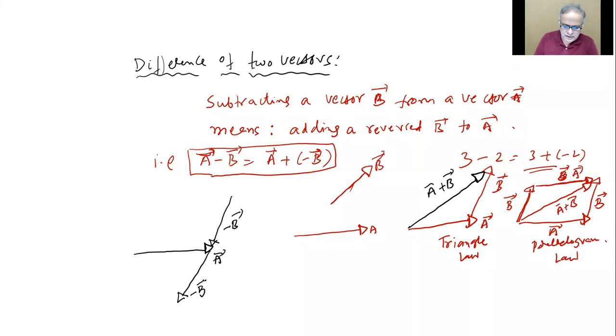This is my minus b. Now tail of a to tip of a to tail of reverse b. This order we followed. So this will be my vector a minus vector b. Isn't it? Adding a to minus b. The original vector is like this only, but I reversed and added.